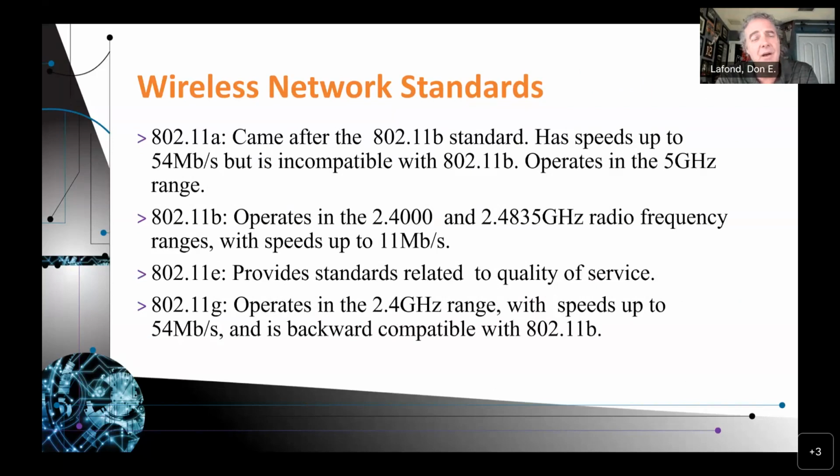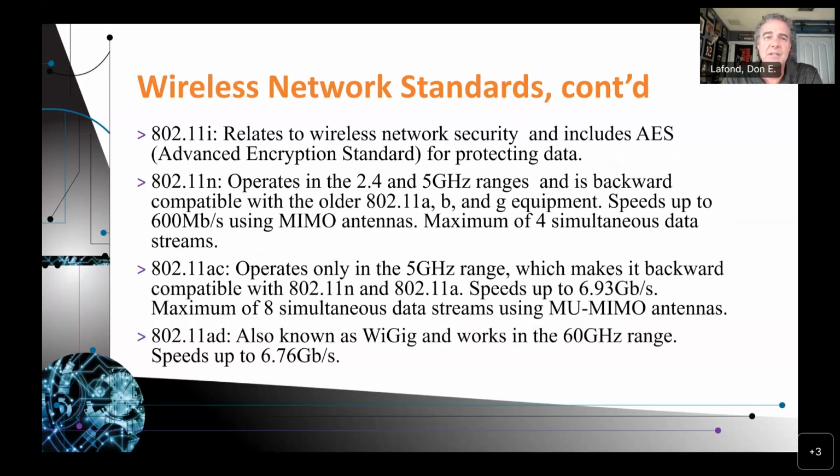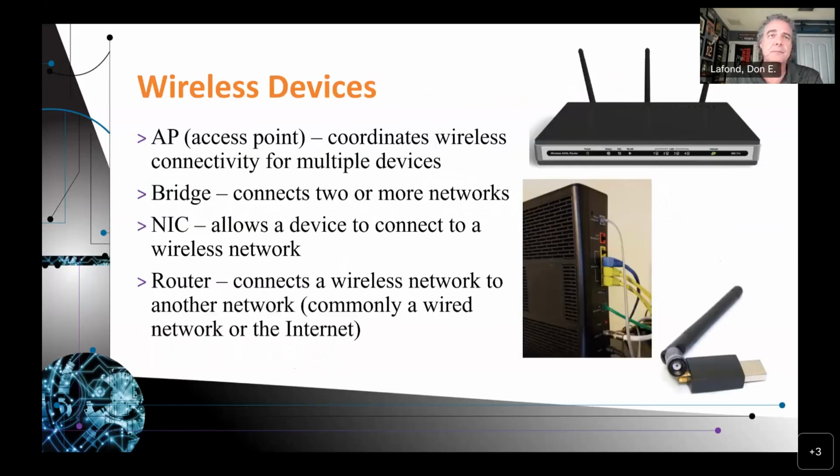We should buy that. No, don't do that. Always buy cutting edge technology because you're going to get longer range, faster speed. Of course, that's with the exception of AD. AD didn't quite work out. But AC and those are acceptable, but don't buy anything older than that because you're not going to be happy with it, and you'll be wondering why your speed isn't fast or your range isn't far.